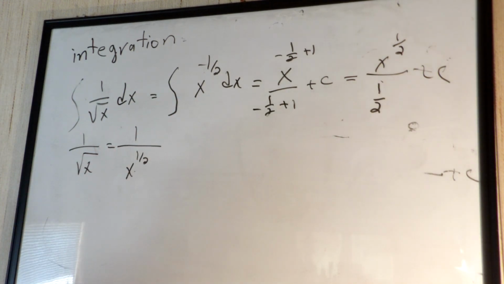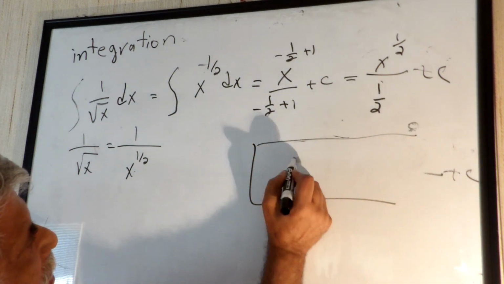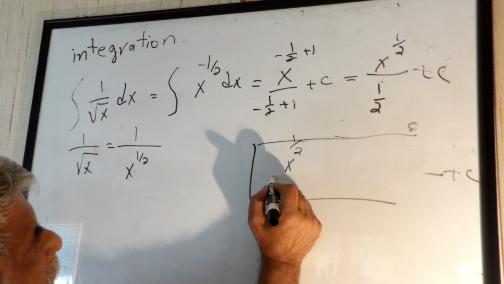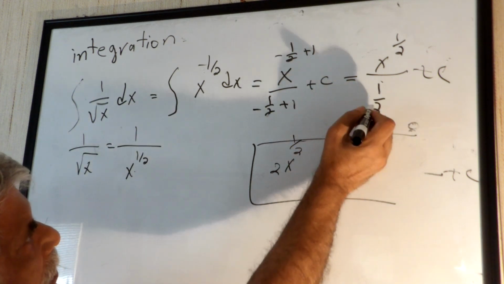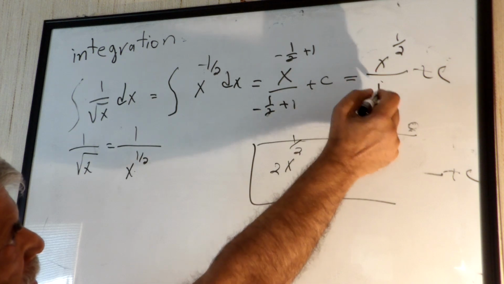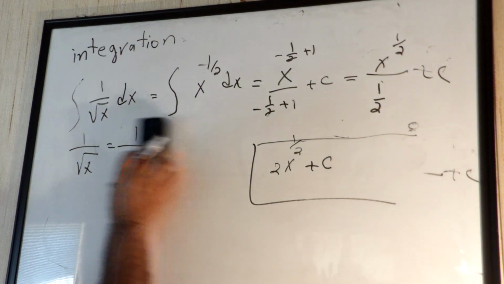So the result is going to be x to the power of 1 over 2, and 1 over 2 is going to be 2 like this. The division is going to be reversed. We reverse this one and put it up here, and this is going to be plus c. So that is the answer.